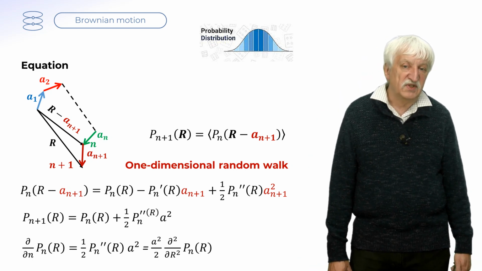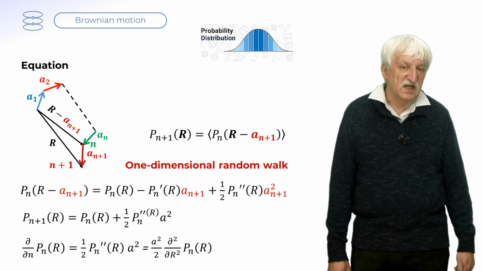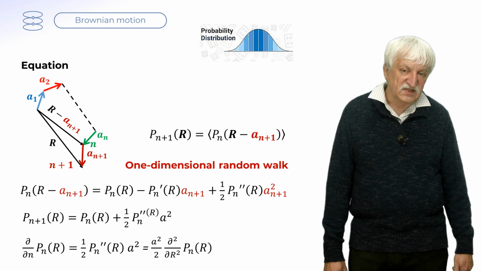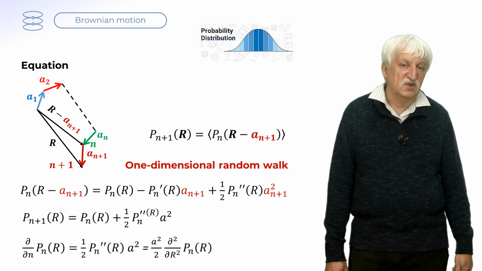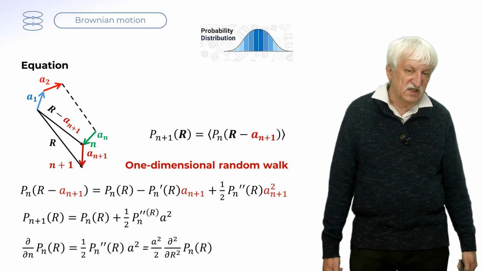So the probability distribution of n plus 1 steps is the average over this additional step vector a n plus 1 of the probability of n steps.